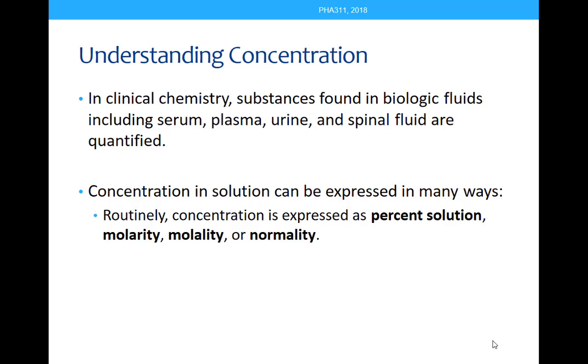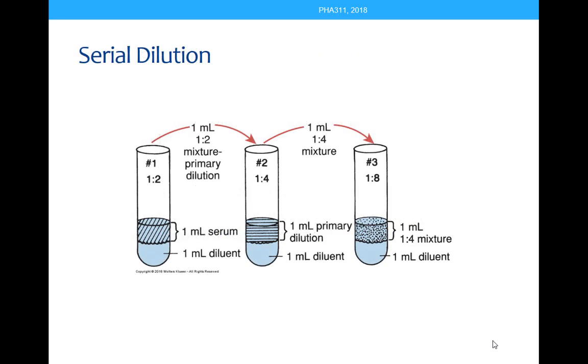So this concept of concentration, for example, in terms of percent solution, molarity, molality, normality, I know these are very dry concepts, but it is important for you to know what these mean. In the second lecture, which is about fluid balance, we will look at these in more detail and try to understand the difference between them. Okay. Serial dilution is a very common method used in the labs. If you have a concentrated solution, you can dilute it serially and you will have serial dilutions.